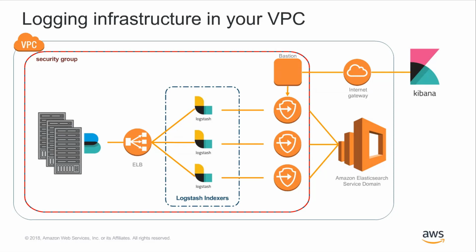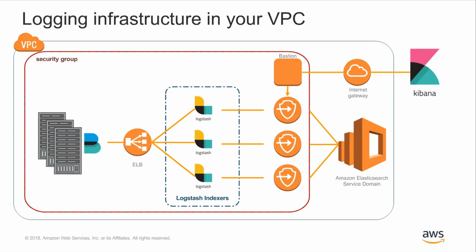It really just tails a log file, sends that data off. One of the patterns for delivering that to Elasticsearch Service is to use an ELB in front of a set of Logstash instances. Logstash reads the log data, transforms that log data into the format that Elasticsearch needs, and sends it off to the domain.